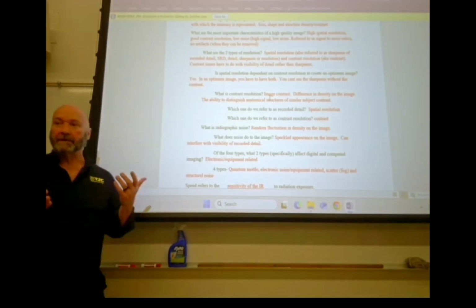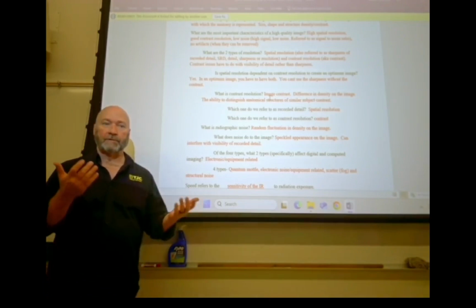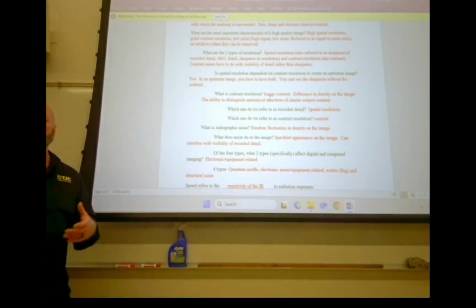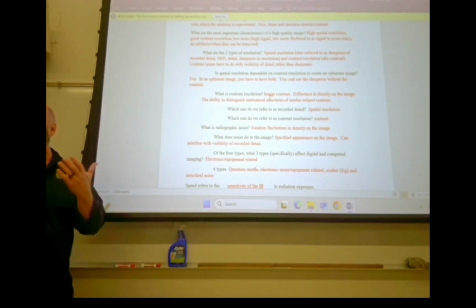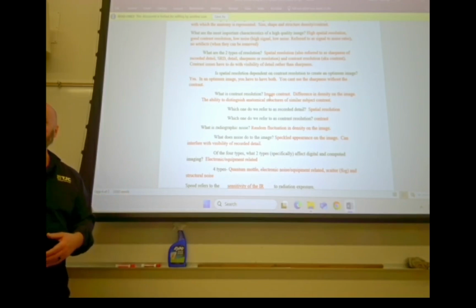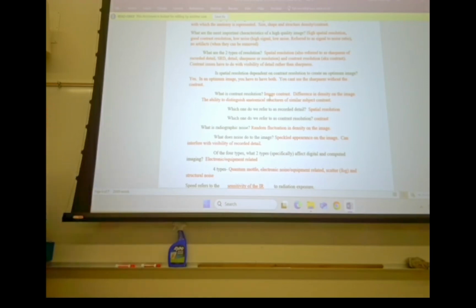And that's difference. All contrast is difference. Difference between dark areas, light areas, difference between anatomical structures and whether or not you can image and visualize those differences. Kidneys versus all the other mess that's in that abdomen. Psoas muscles as opposed to everything else, right? So contrast, spatial resolution.